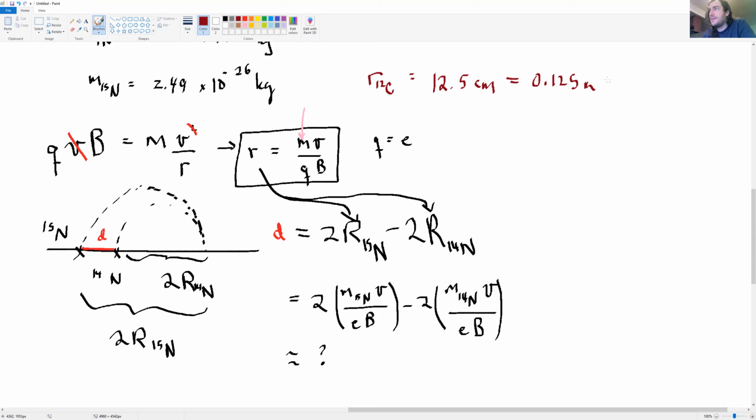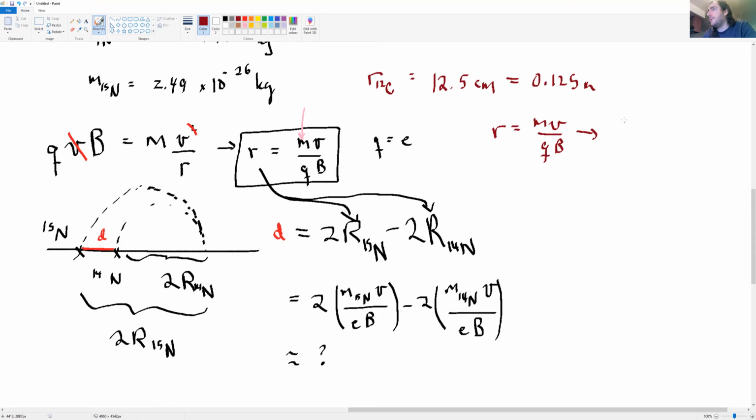Now, if this is the radius of motion for the circular motion of those carbon-12 ions, then we can use this to figure out the ratio of V over B, right? So let's back that up a little bit. We can say R equals mV over QB.